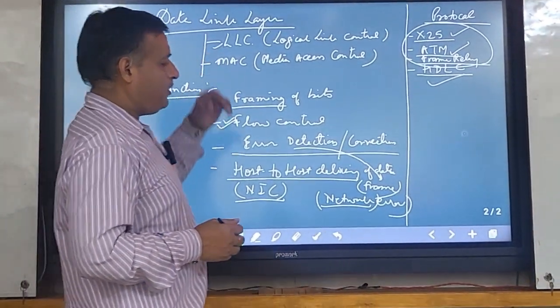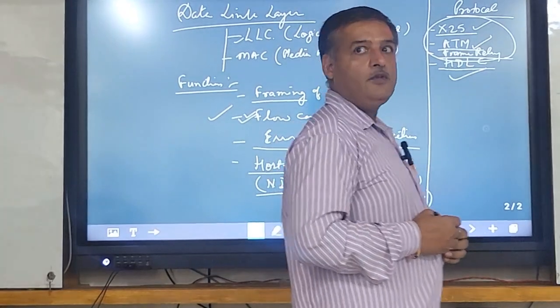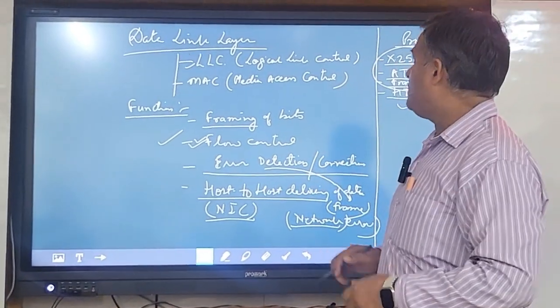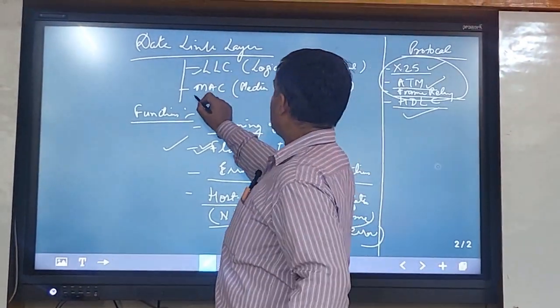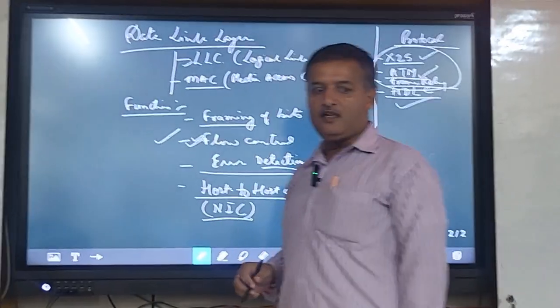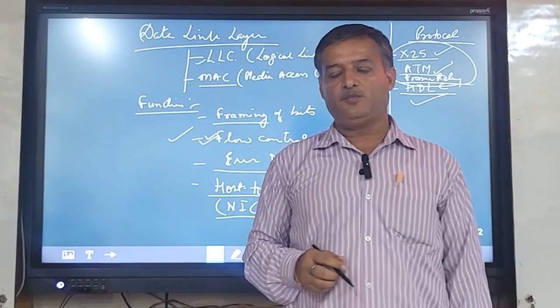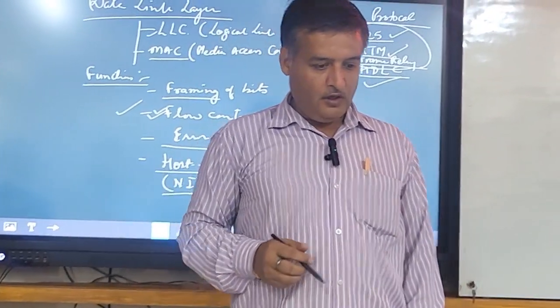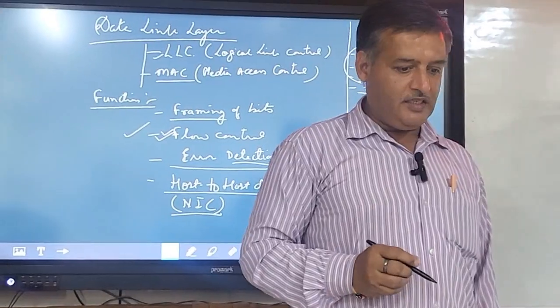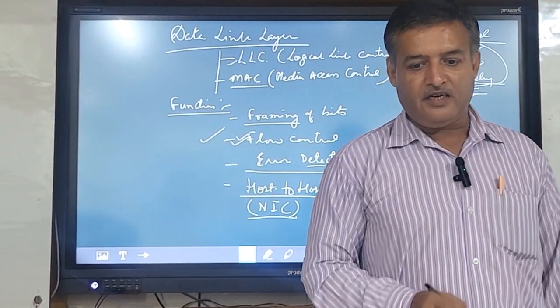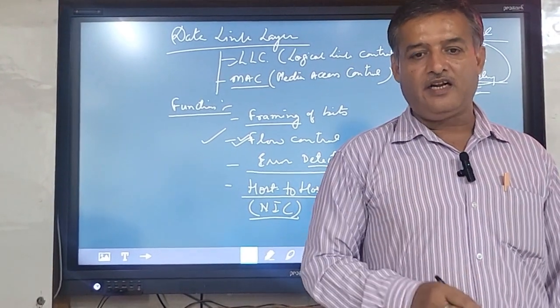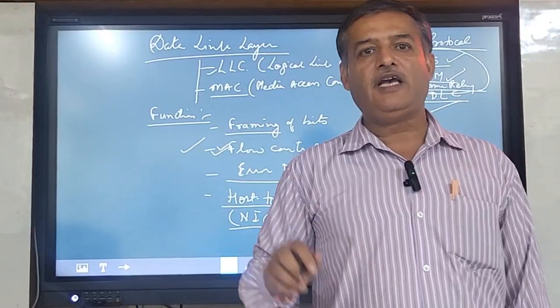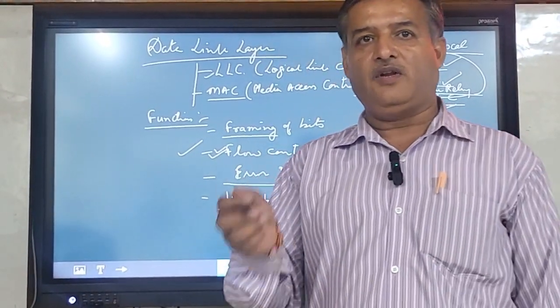But as far as the two sublayers are concerned, basically MAC address. I think you have all heard about this particular idea. MAC address is basically a permanent address, a unique address designated to each NIC card, network card.